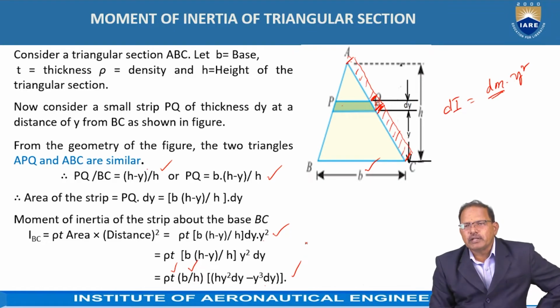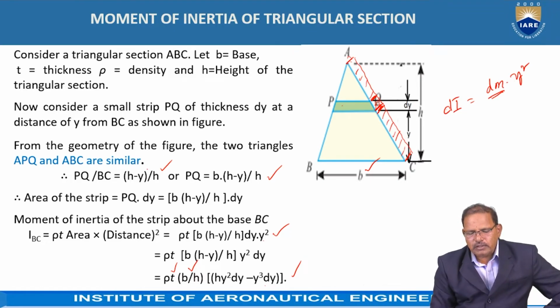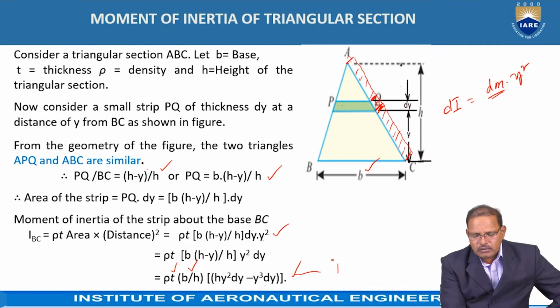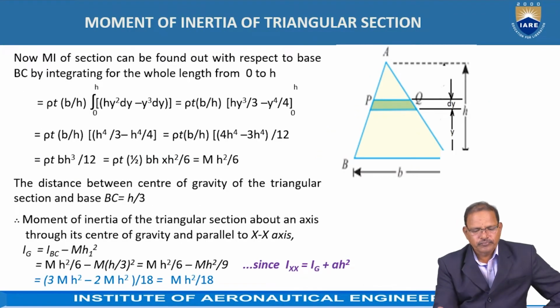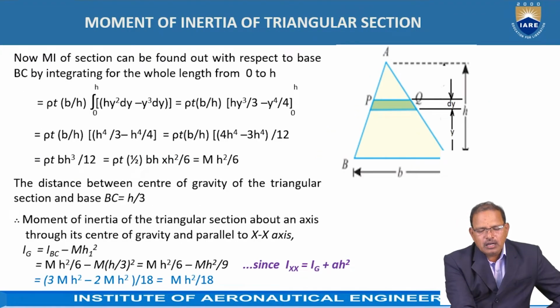The mass moment of inertia of the entire triangular section about the line BC is obtained by integrating this equation number 1 within the limits from 0 to the height of the triangle h. So I am doing the integration. That is rho t into b by h, integral from 0 to h of (h y squared dy minus y cubed dy).